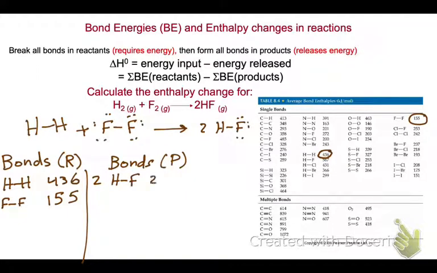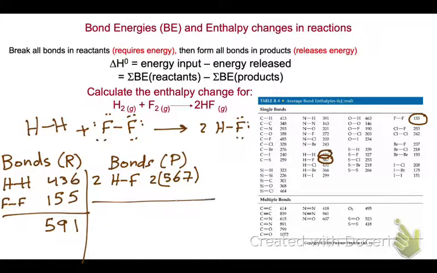So that will be 2 times, and here is the hydrogen fluoride, 567. So now I do the math. This will be for the reactants, and this will be for the products.